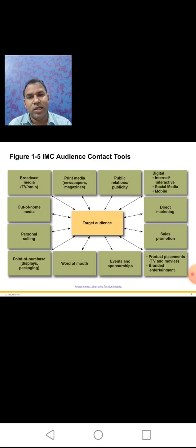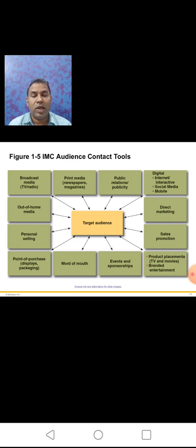So basically these are the different marketing tools, and the basic idea of IMC is that all the different elements of marketing, all the tools like broadcast media, print media, public relations, digital interaction, direct marketing, sales promotion, word-of-mouth publicity, and so on, must have a common objective.